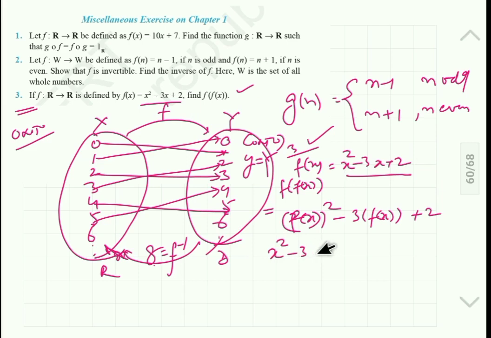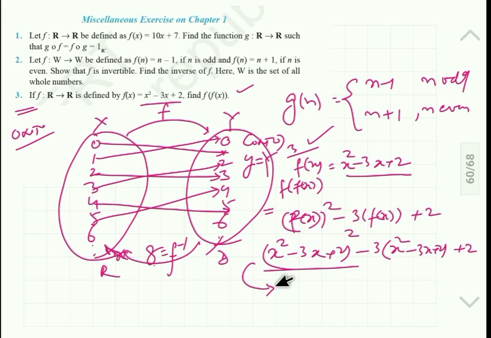So (x square minus 3x plus 2) whole square minus 3 times f(x), that means x square minus 3x plus 2, plus 2. Open this, you know the identity for (a plus b plus c) whole square, minus this plus this, and you'll be getting the expression, and that will be the result, right?